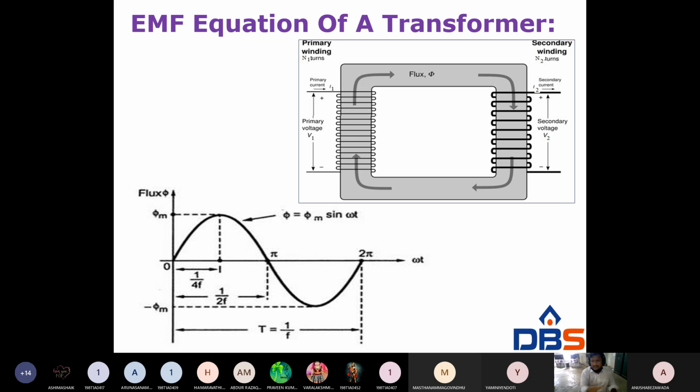So look at the figure: the complete cycle is T and frequency is 1 by T. For half cycle, T by 2, that is 1 by 2f. For quarter cycle, T by 4 or 1 by 4f, right? And the flux is maximum flux, the flux equation is phi equal to phi m sin omega t, because it is an alternating flux, because we are giving an alternating supply, right?